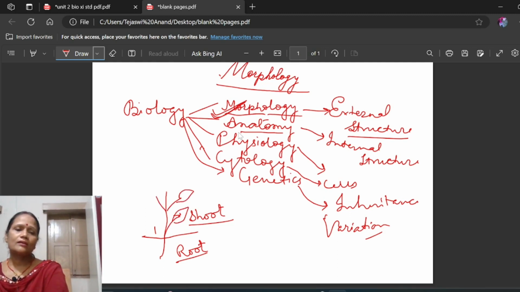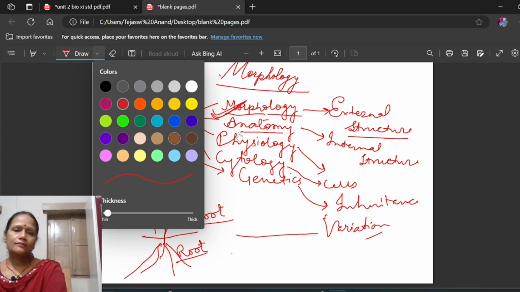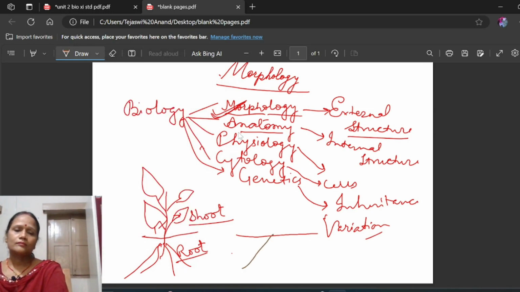These are the leaves. These are the roots. Now we can study how roots are of different types. The main branch coming out of the plant, going towards the earth, is called the primary root.